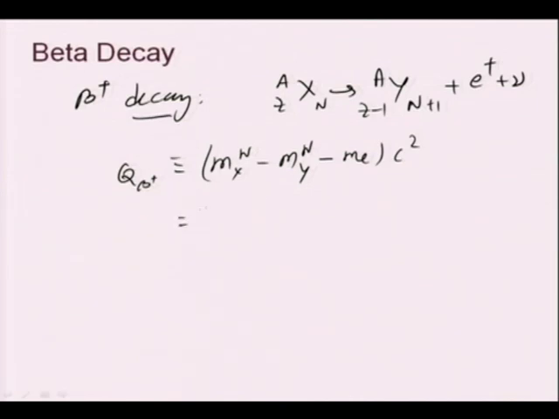But now, when you actually look at it in terms of the atomic masses, it is M_X minus Z m_e minus M_Y minus (Z minus 1) m_e, and m_e c squared.